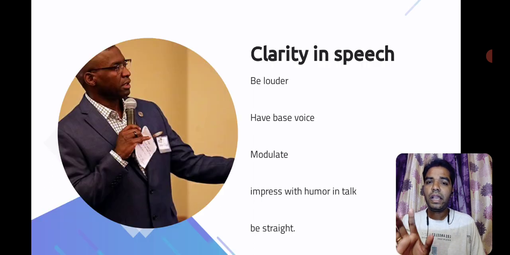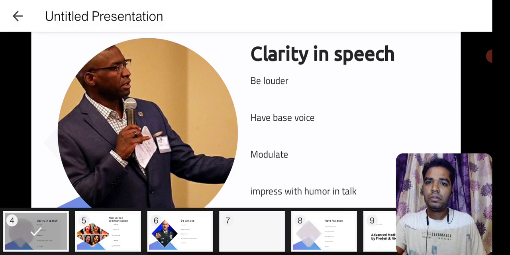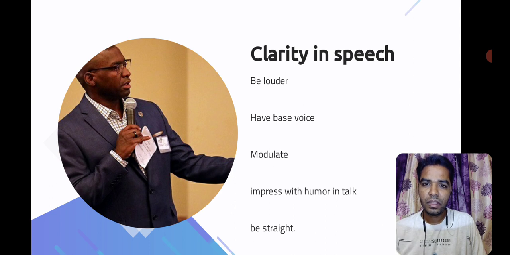Next, clarity in speech. Here are some tips on how to give a speech. I will also make a video on how to give a speech later on. Now let us stick to this. You should speak loudly and have your voice set to a good level. And there is something called modulation.